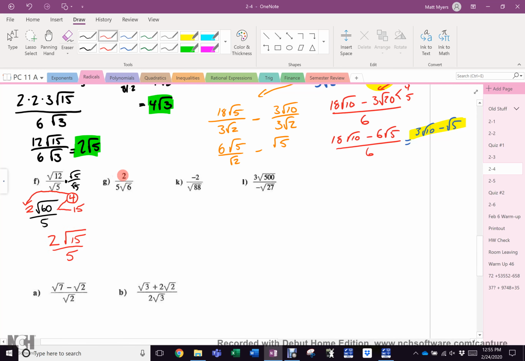Now remember, ladies and gentlemen, we only have to worry about the stuff we don't like. Now, some of you will insist that, Mr. Myers, it's just easier if I multiply by whatever is on the bottom. Will that still work?